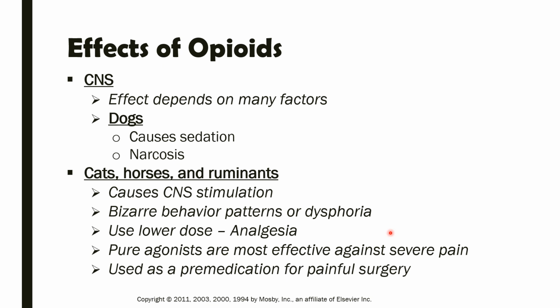So the disadvantage of butorphanol is that it blocks the mu receptor, and the mu receptor is responsible for the most potent analgesia. That is why butorphanol is not a good choice as an analgesic for moderate to severe pain.